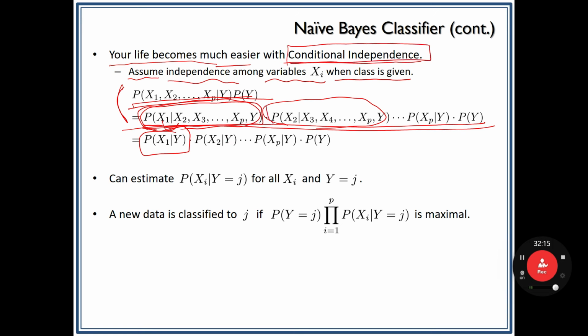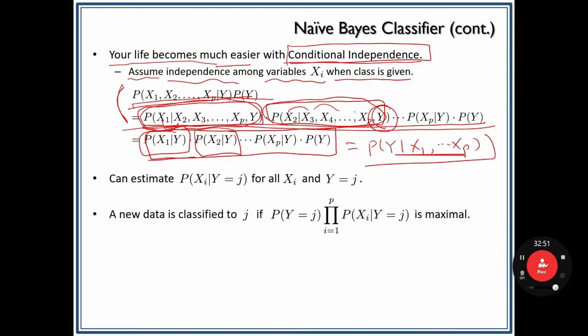All those x variables are independent given y, given the situation where the y value is given. Then we have a much simpler form for the posterior probability. Please do not forget that this one is the probability of y given x1 through xp. We want to find this posterior probability, and that becomes this one.